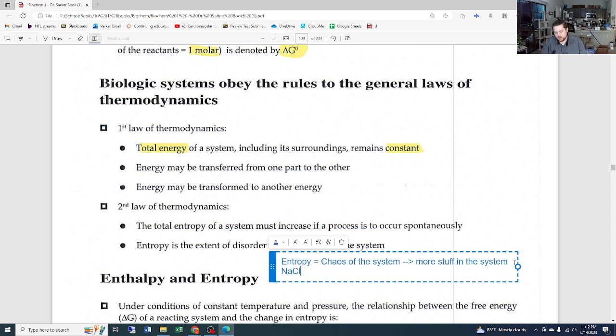NaCl. When we have a bunch of NaCl, it has a set level of entropy. As soon as we put that into water, it's going to dissolve and break down into two parts, okay? When the sodium and the chlorine, in this case, split into two parts, you get Na and you get Cl.